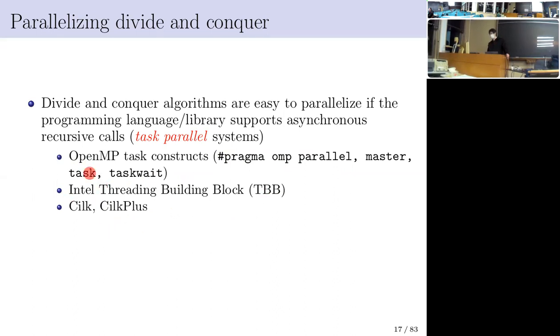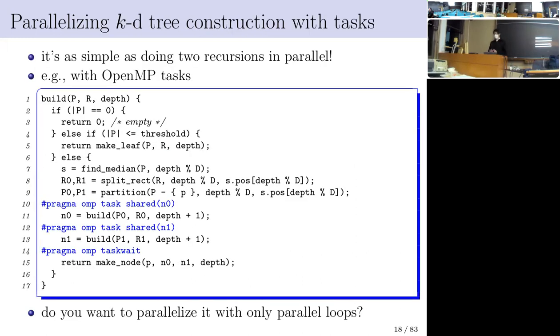But in this lecture, all you need to use is OpenMP. So this is simply how the algorithm we have just arrived at can be parallelized using OpenMP task parallelism.